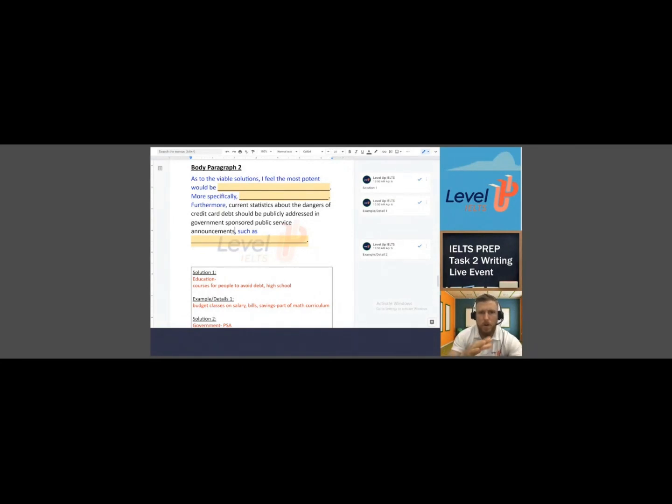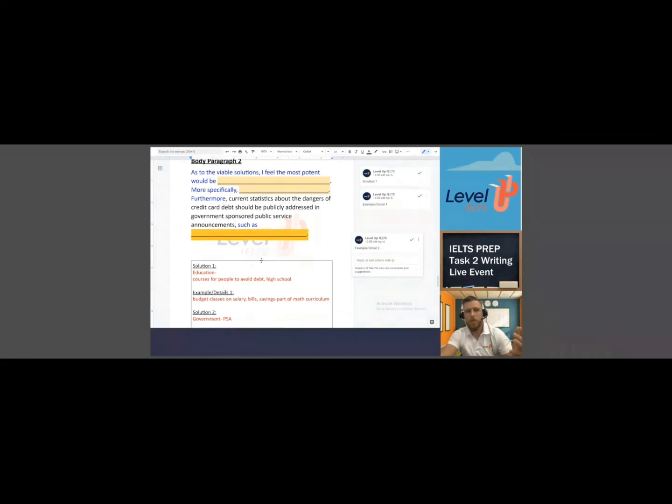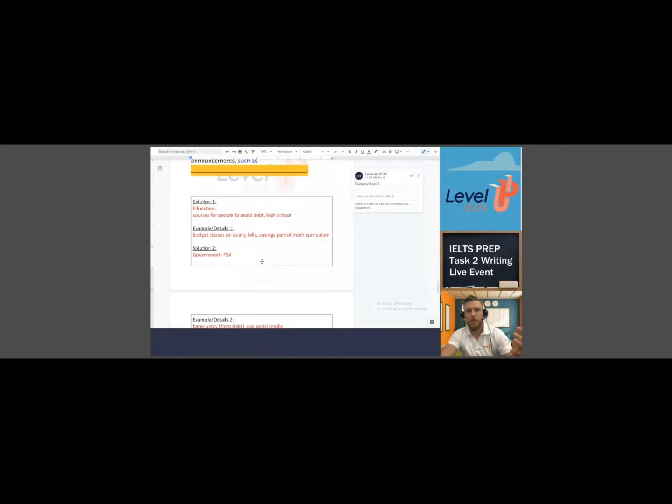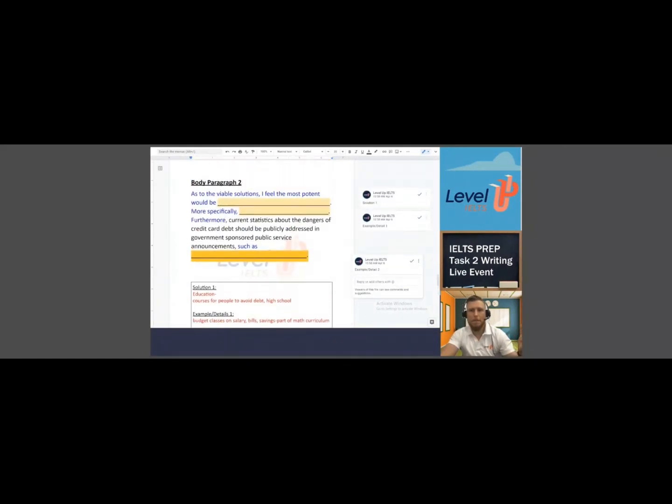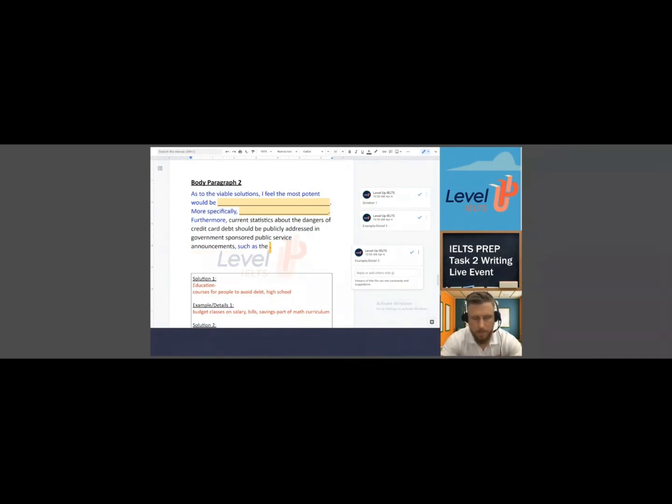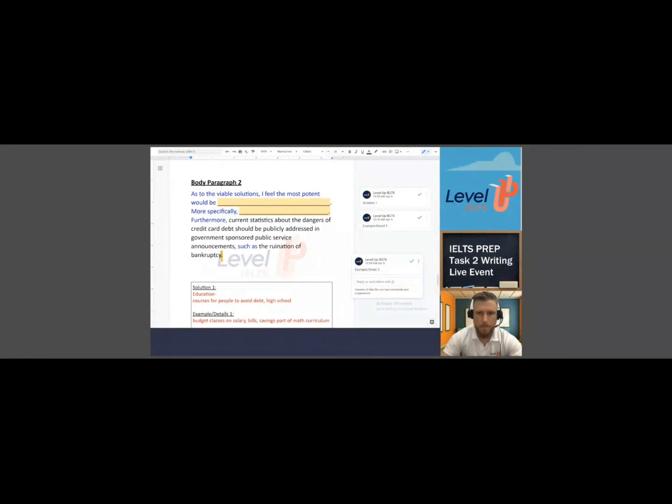Furthermore, current statistics about the dangers of credit card debt should be publicly addressed in government-sponsored public service announcements, such as, this is where we can put the example, which we had, bankruptcy. Such as, I got one, such as like bankruptcy could ruin your life. So there's a high level word here, such as the ruination of bankruptcy.